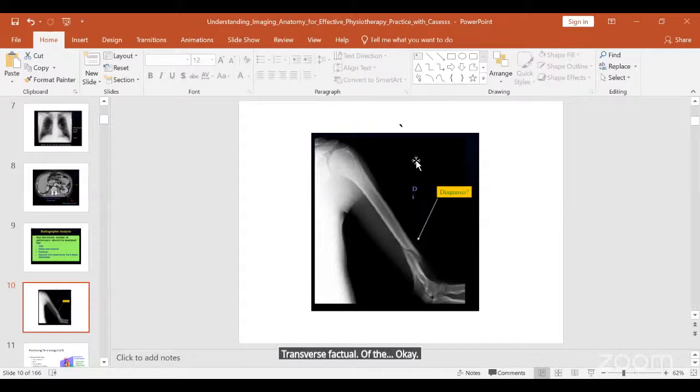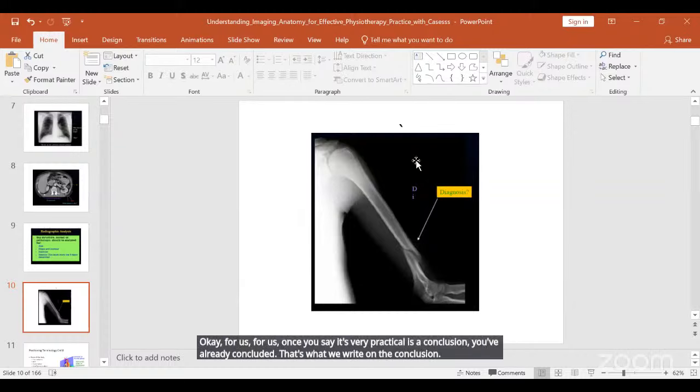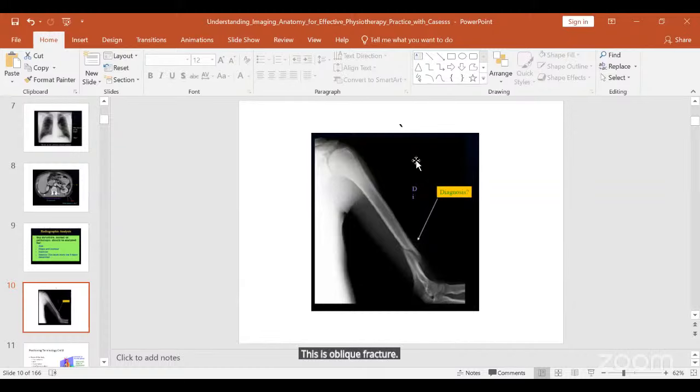I don't think it's spiral. I think it's transverse. Okay, for us, once you say spiral fracture, it is a conclusion. You've already concluded. That's what we write in the conclusion. But for us, we have to describe it. Oblique fracture of the distal humerus.